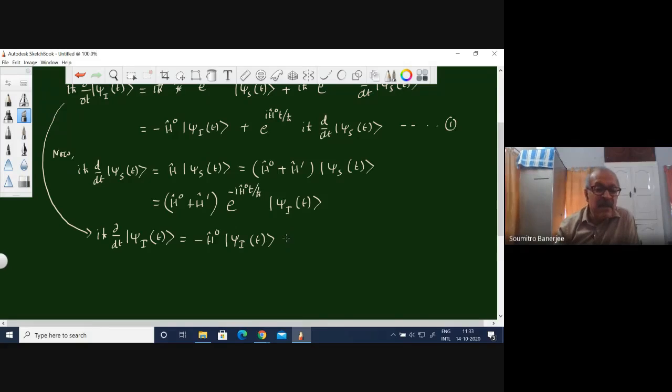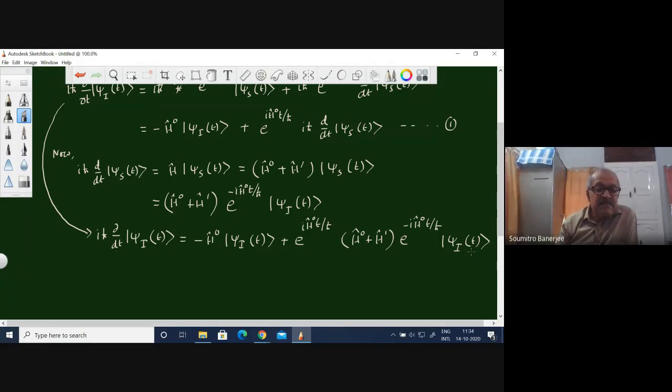There was this term already, so I have to write that first. Plus e to the power i H naught t by H cross. Then I have to substitute this. It is H naught plus H dash, e to the power minus i H naught t by H cross, then psi I of t. Okay.